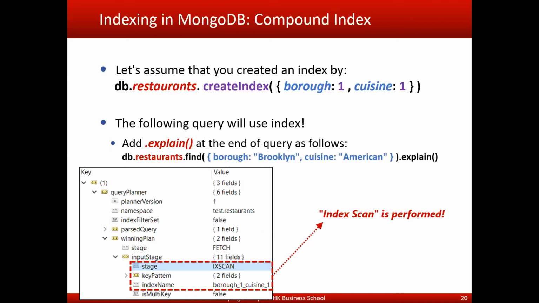In this case, the stage field says IXSCAN, which means an index scan is used. Because you made the index on borough and cuisine, and you are using borough and cuisine in your query, the index is utilized, so your query will be performed fast. This is what the explain function tells you.